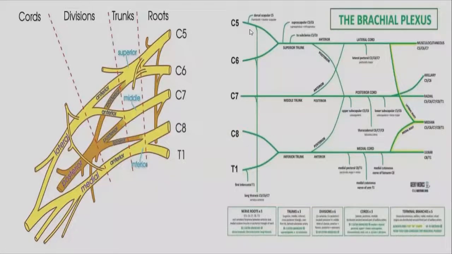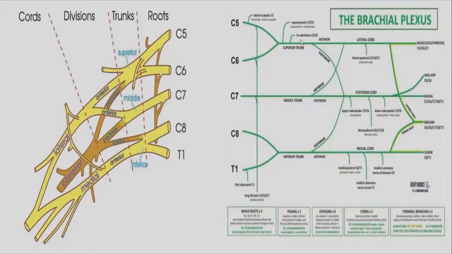On the clinical application, I'll talk about what happens if this nerve has been damaged. So these are the only nerves coming from the roots: the dorsal scapular nerve as well as the long thoracic nerve.